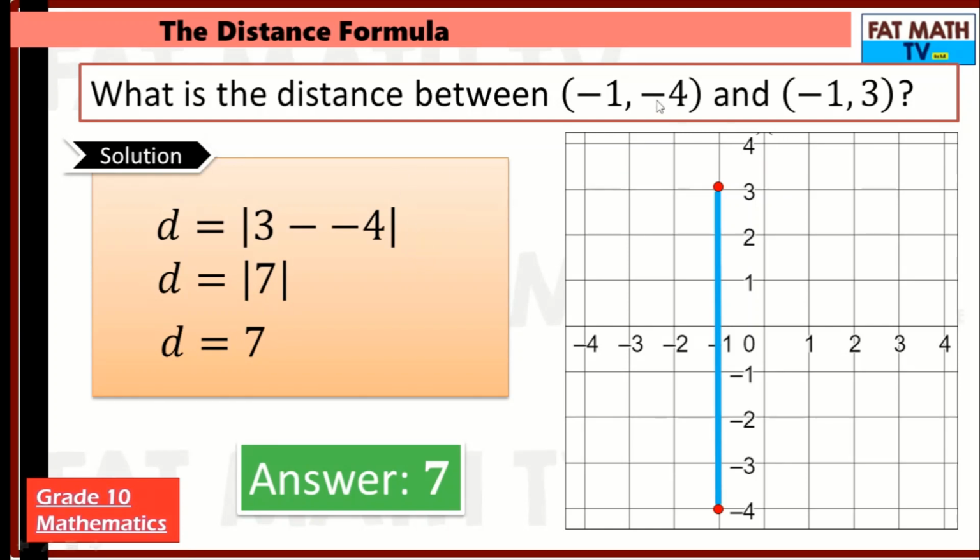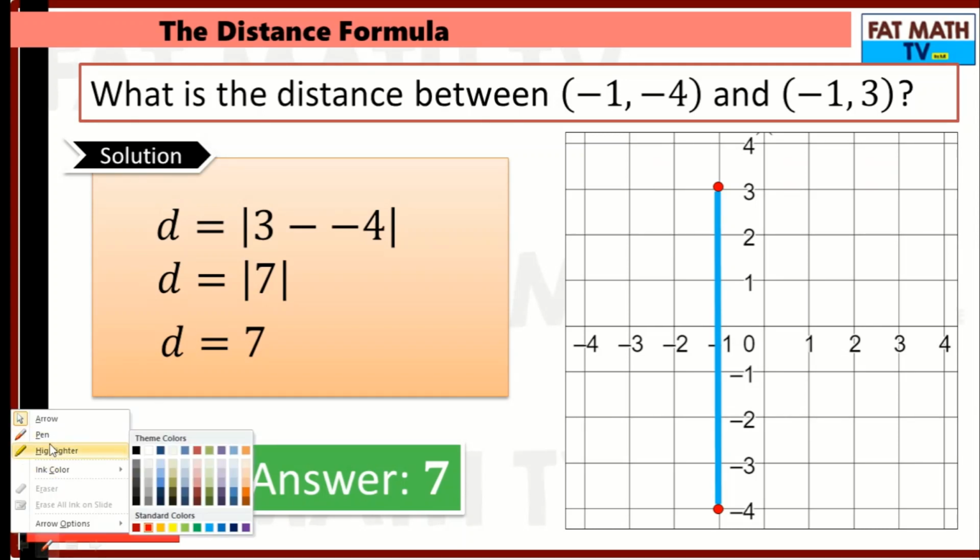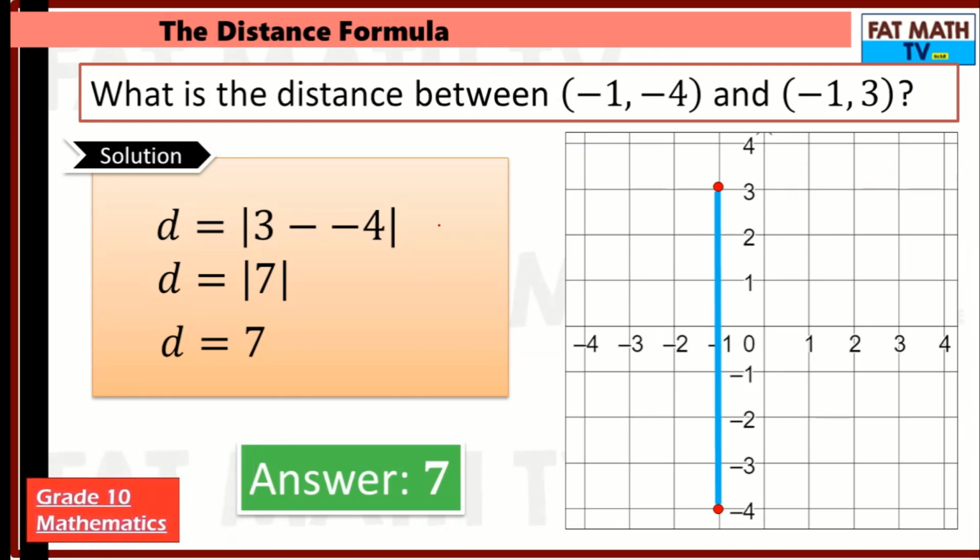Question: what if you start with -4 and then subtract 3 from -4? Will we get the same answer? Yes, because we are taking the absolute value, meaning to say our answer is always positive. So say for example, you started with -4 minus positive 3.